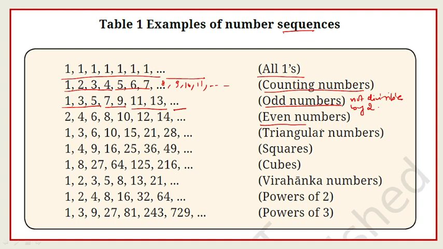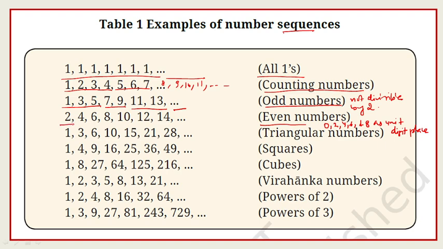The numbers which have 0, 2, 4, 6 and 8 at the unit place will be called even numbers. All numbers other than odd numbers are even numbers.